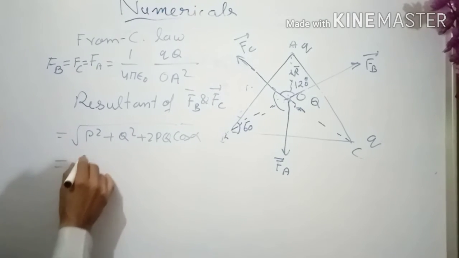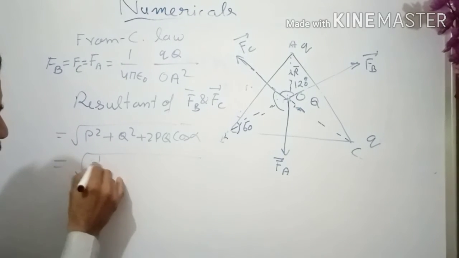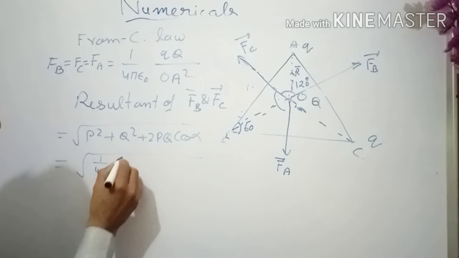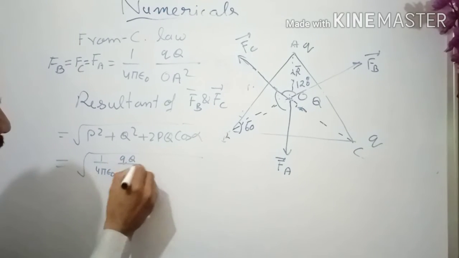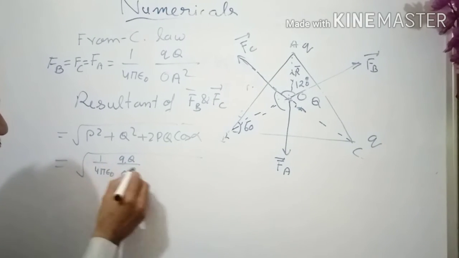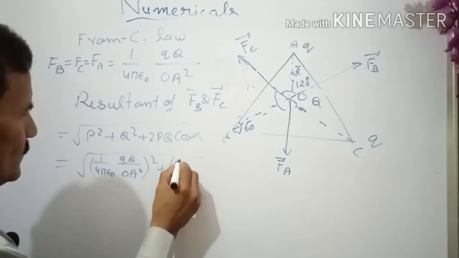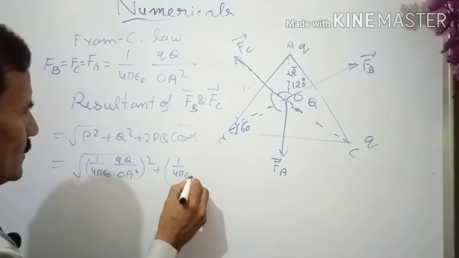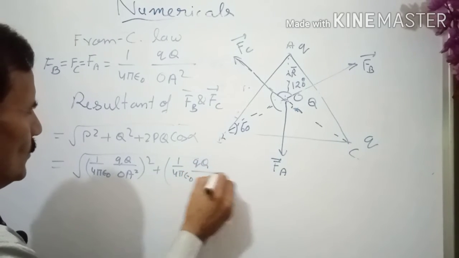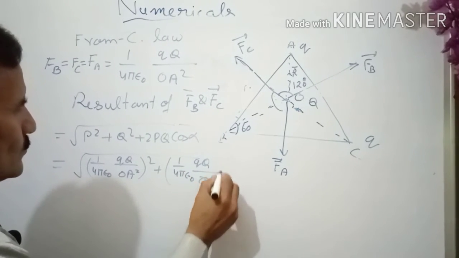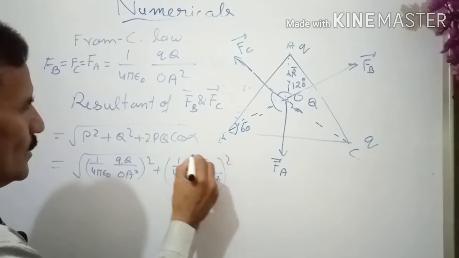So here P square is 1 upon 4 pi epsilon naught QQ upon OA square whole square, and it is also same 1 upon 4 pi epsilon naught QQ upon OA square whole square.